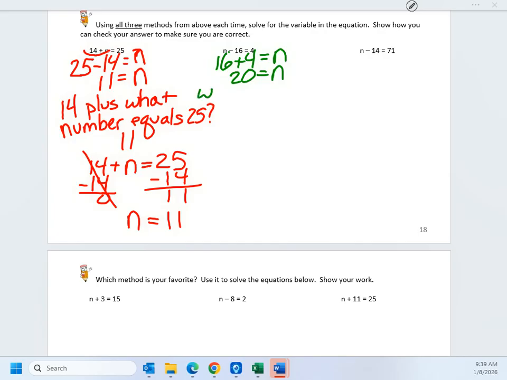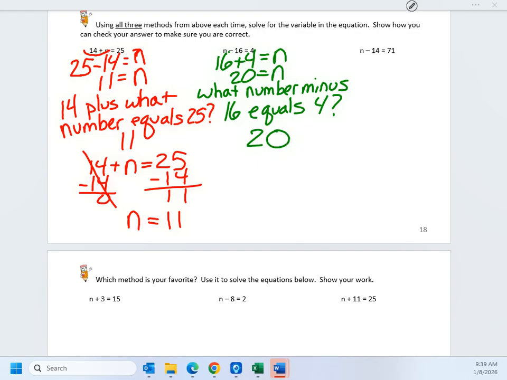What number minus 16 equals 4? So when we ask the question, we're just writing out that verbal phrase, right? What number minus 16 equals 4? What number would that be? Rhoda? 20.